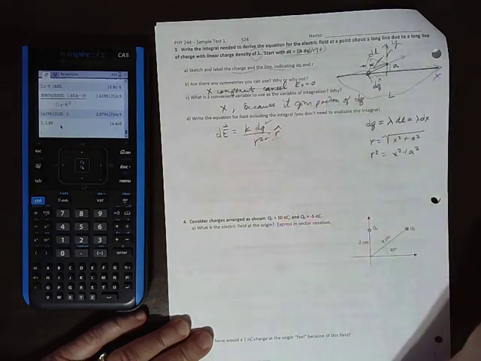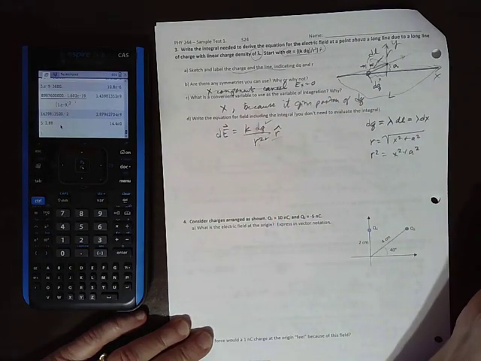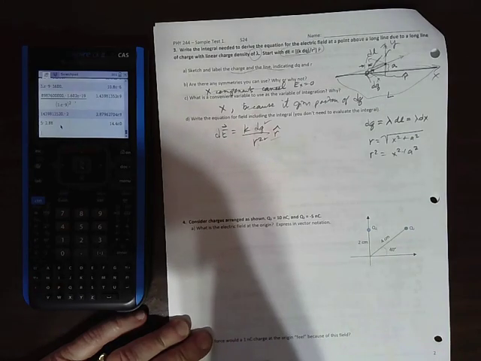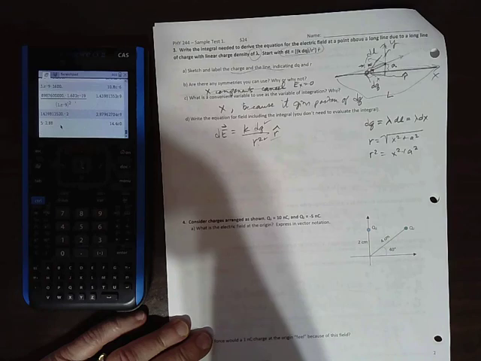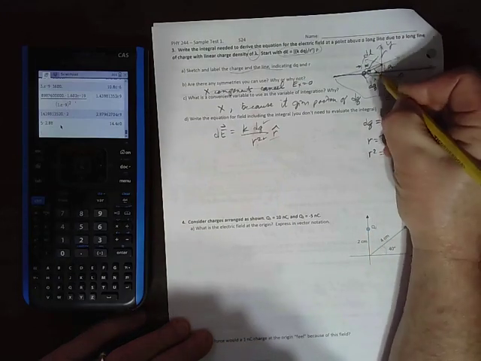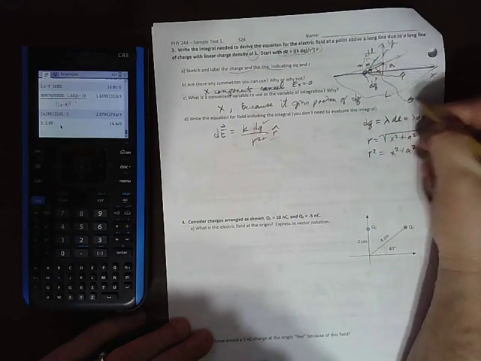Now how about r hat? So r hat is a little vector in the direction of r. So if we want to figure out theta here, we call that angle theta.